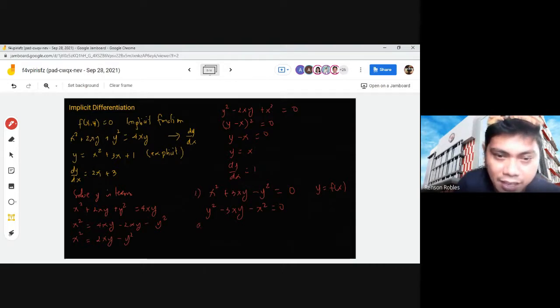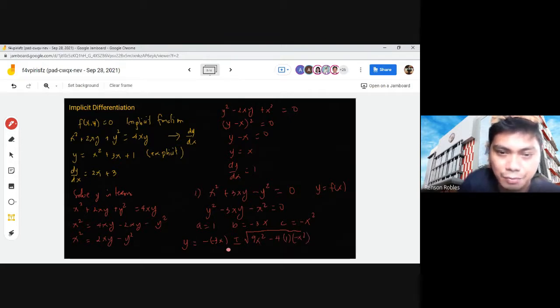I will let a be equal to 1 and b equal to negative 3x and c equals negative x squared. So you have y equals negative b, okay, plus minus the square root of b squared, that is 9x squared, minus 4ac all over 2a. And that is 1.